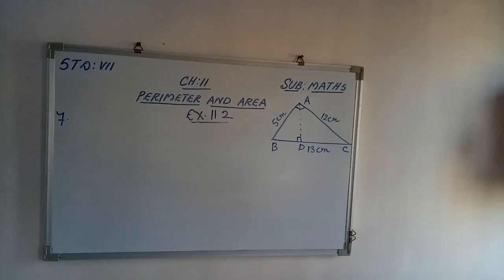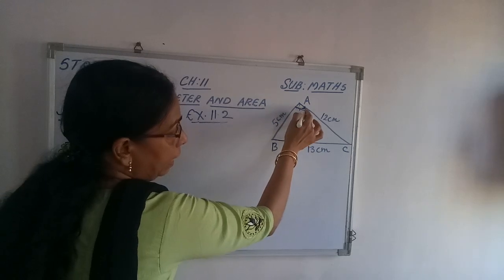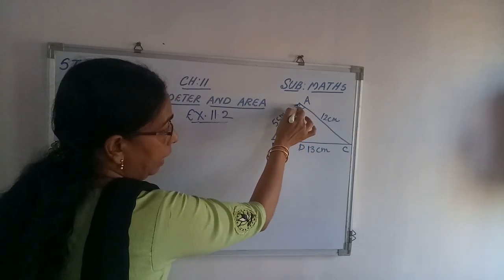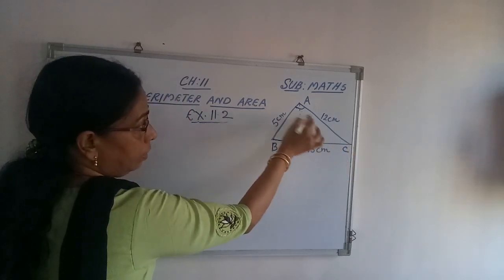Already given that ABC is a right angled triangle. So in the right angled triangle ABC, if angle A is 90 degree, we can take AB as the base and AC as the height, isn't it?